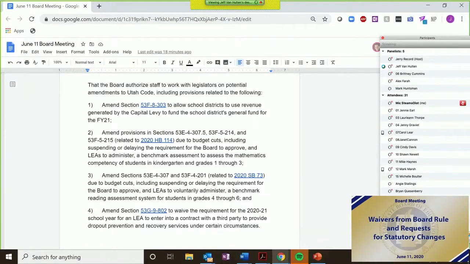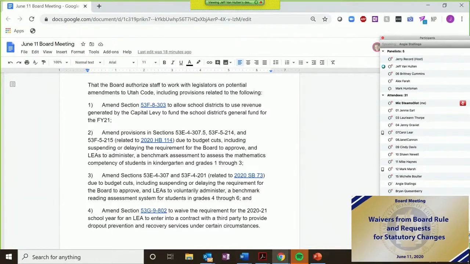Part of that legislation would have provided this flexibility anytime we had a recession of sorts, the way it's described in the bill is of course more analytical, and I can't remember the exact language, but essentially if we had a recession, it would allow the board to signal and tell school districts that for the year or years during that recession, districts would be able to use their capital levy revenue for general fund purposes.